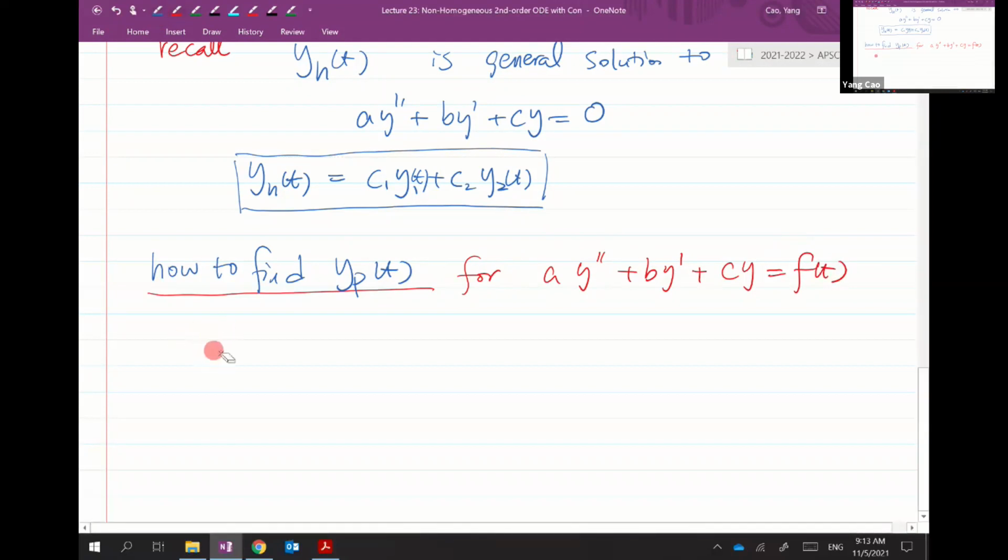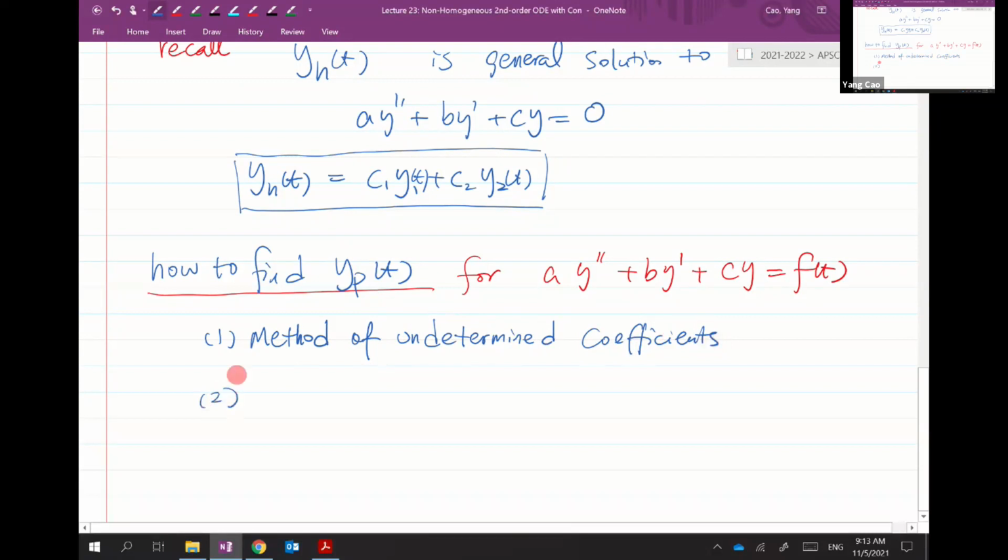So there are two different techniques. The first technique is called the method of undetermined coefficients.